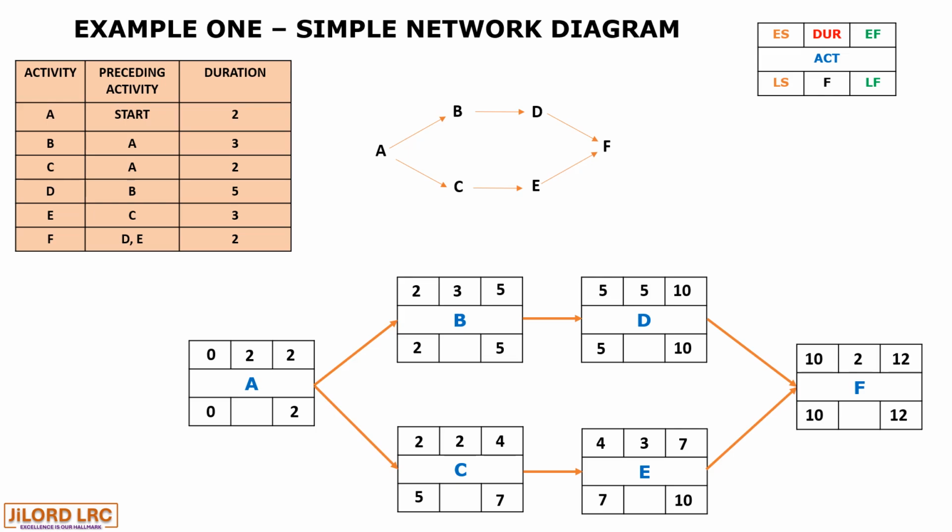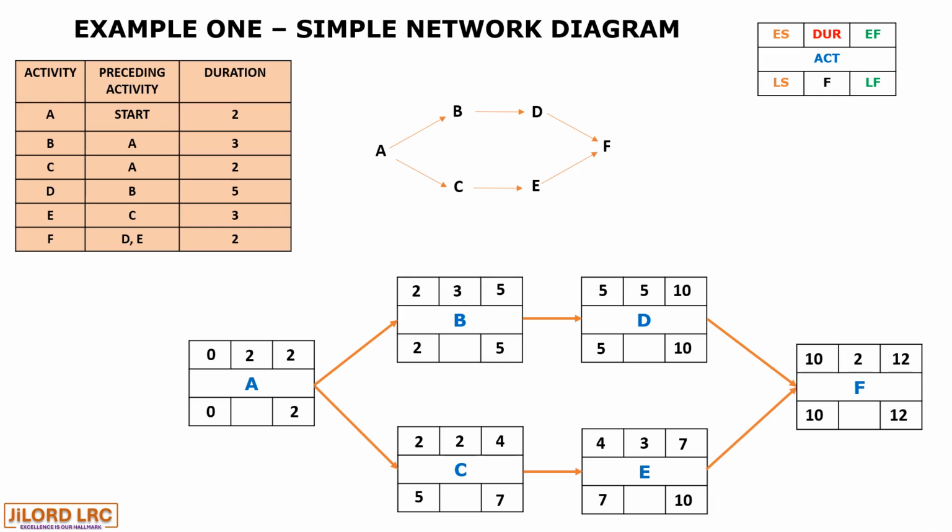Now, let's determine the critical path. We know that the critical path is the path with 0 floats. So let us find our floats from activity A. The float is the latest start minus the early start, or latest finish minus the early finish.